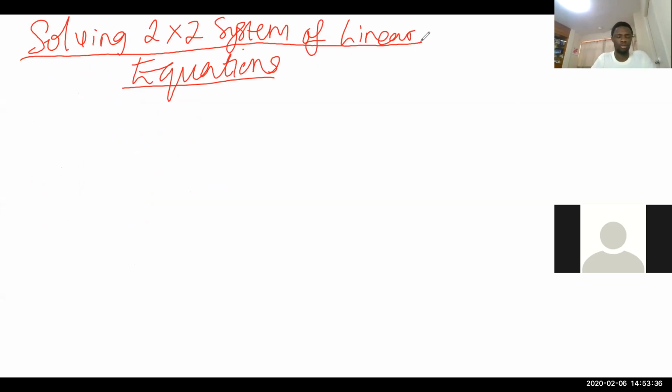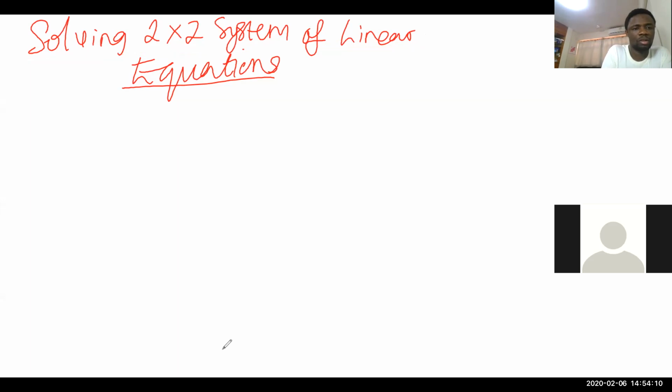Basically, you can have 3 cases. So far, we've talked about either you have a unique solution when you have any form of equation, be it 2 by 2, 3 by 3, or any order. You can have no solution, you can have unique solution, you can have infinitely many solutions. When you have no solution, it means it is inconsistent.